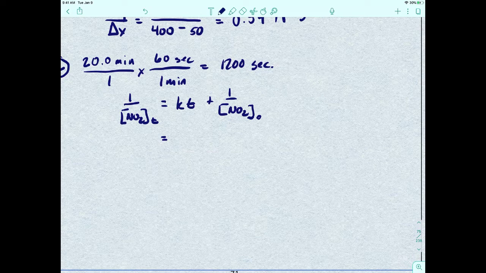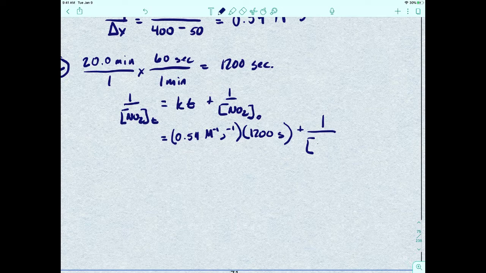So k is our rate constant that we just found in the last part, 0.54 molar to the minus first, seconds to the minus first. T, we know, is 1,200 seconds. And then we're going to add plus 1 over the initial concentration, which is 8.00 times 10 to the minus third molar.